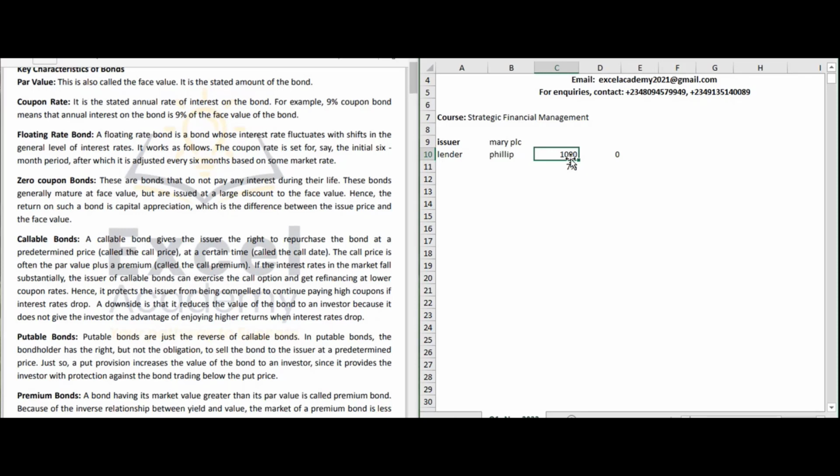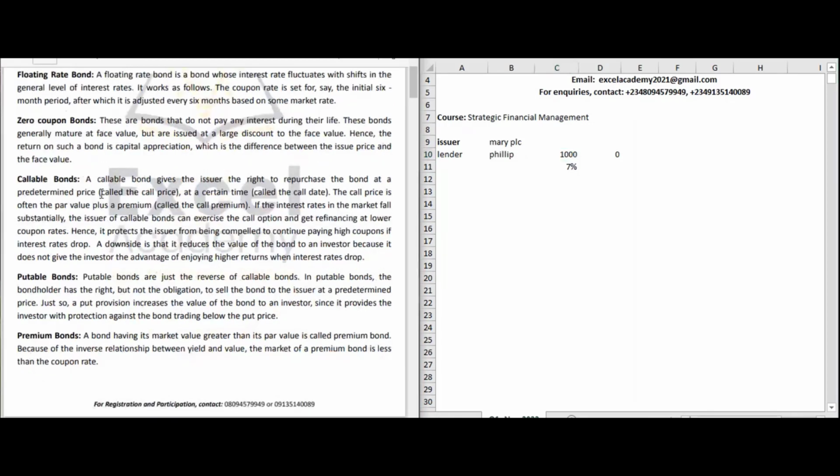A puttable bond is the opposite of a callable bond. This time, it is a right that the bondholder, the lender, has. In our short illustration, Mr. Philip has the right to sell the bond back to the person he bought it from. When will he do this? Usually when interest rates are getting high.